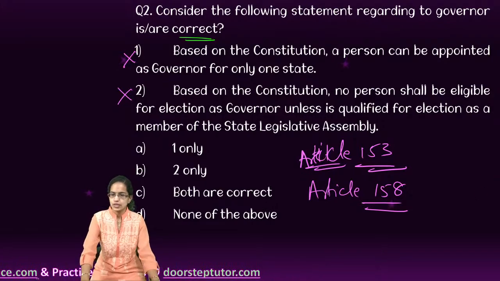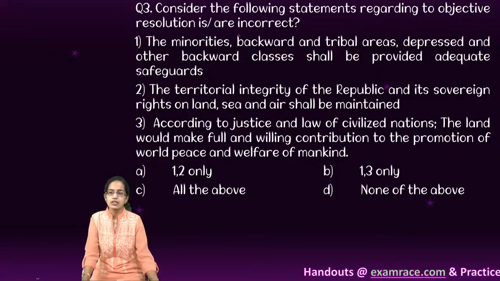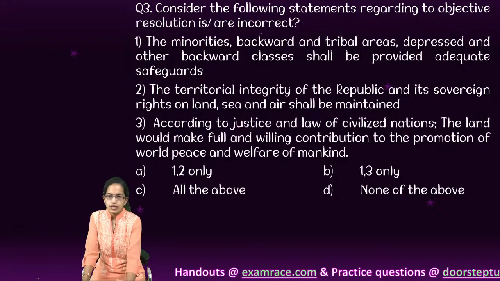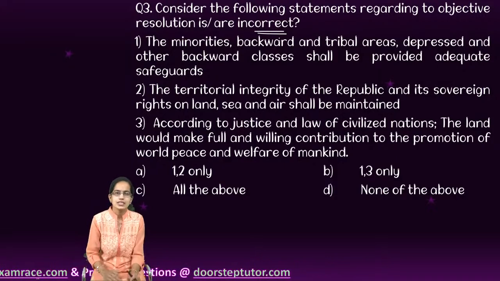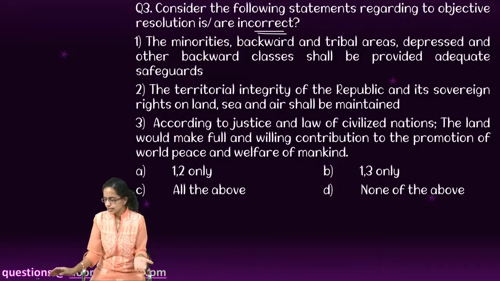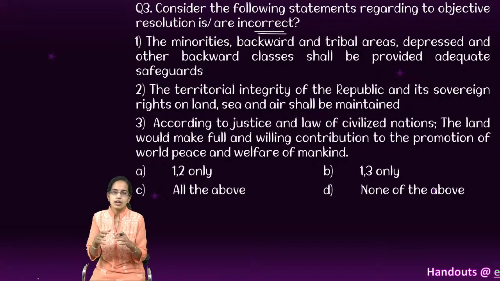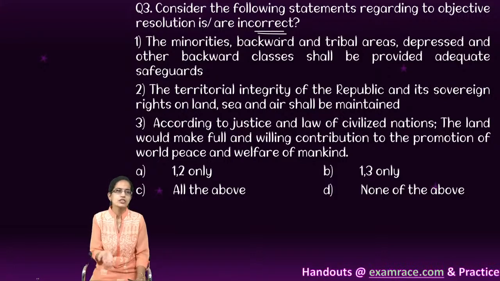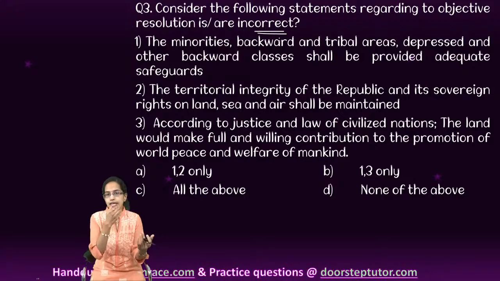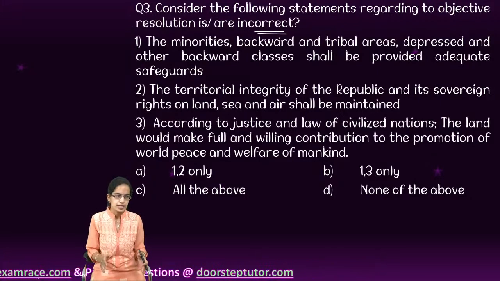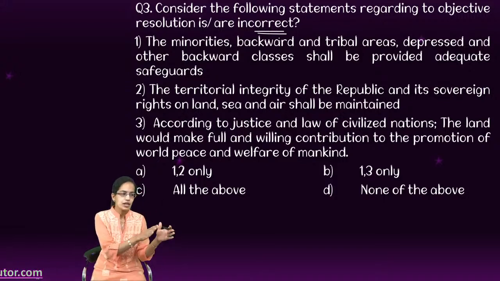We have the next question for us. Now the next question is regarding the objective resolution given in the Constitution. Which of the following statements are incorrect is the question. So read the question again very carefully. Just to give you an outline, for those from other countries who are joining, especially students from Bangladesh, Sri Lanka and Pakistan: the Objective Resolution was presented by Nehru when he was trying to explain the underlying concepts of the Constitution of India, and it later became the preamble of the Constitution.